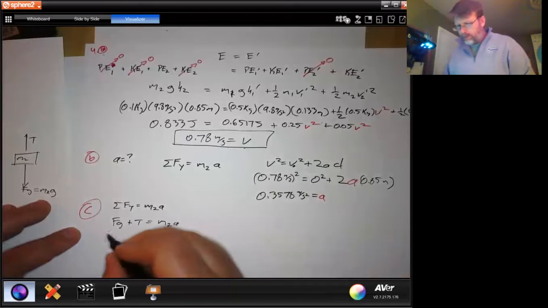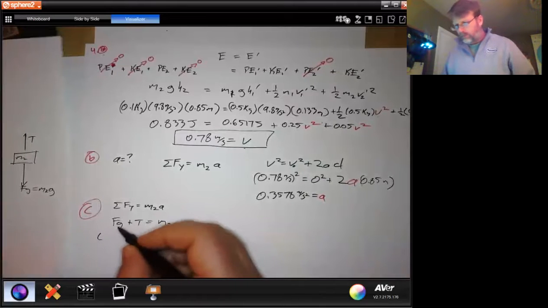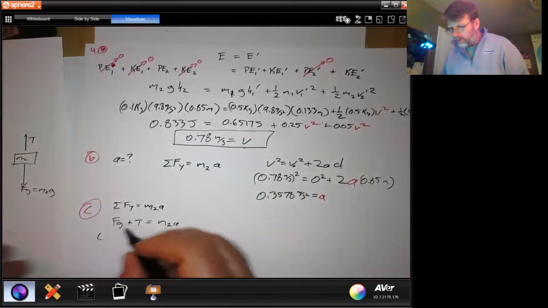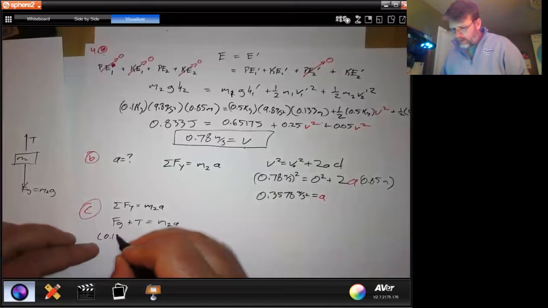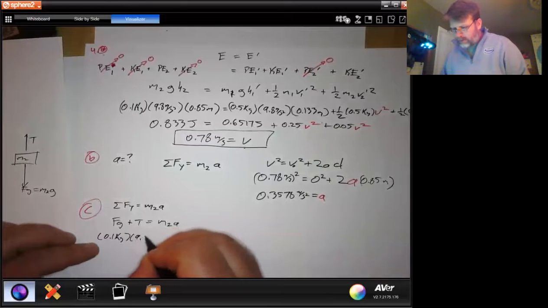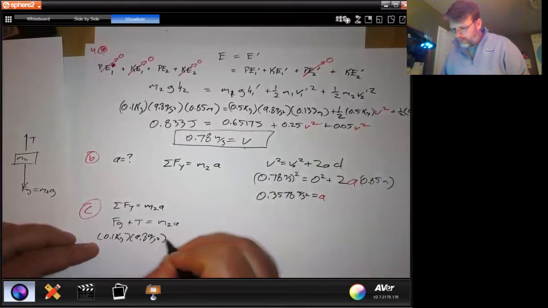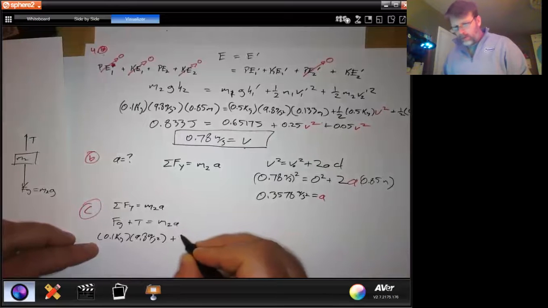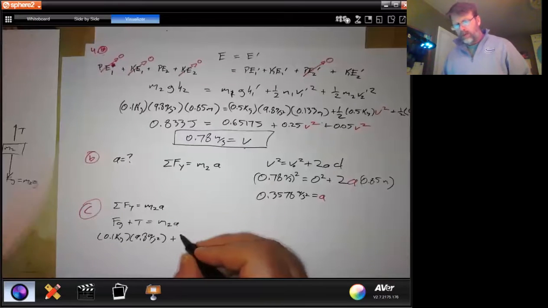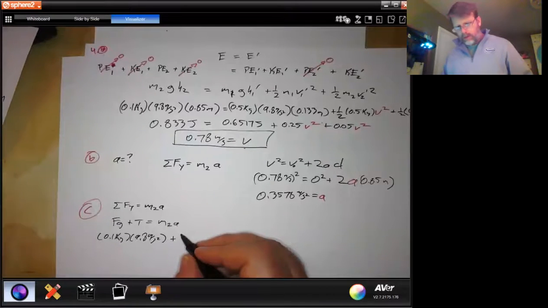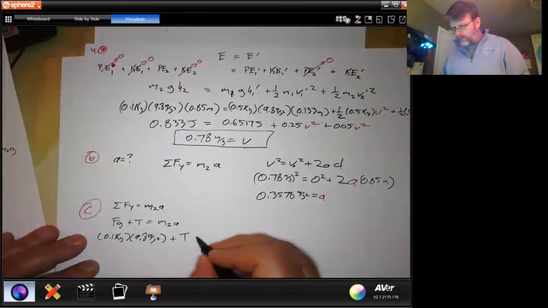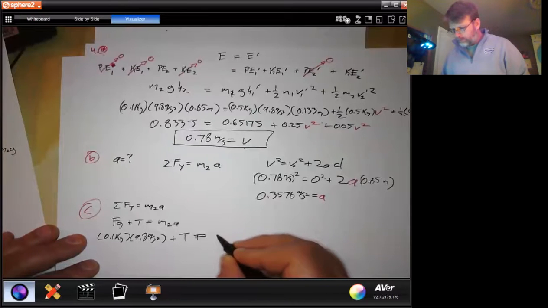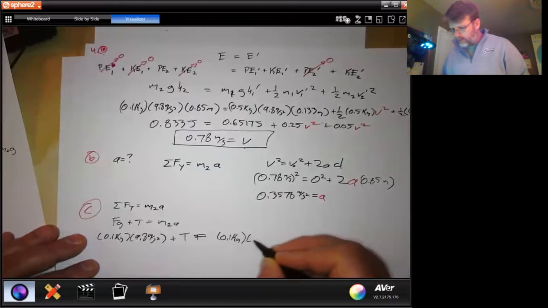My force of gravity is, what was my m2? 0.1 kilograms times 9.8. This is what we're looking for in part C: the tension on the string. That's all going to equal 0.1 kilograms times 0.347.